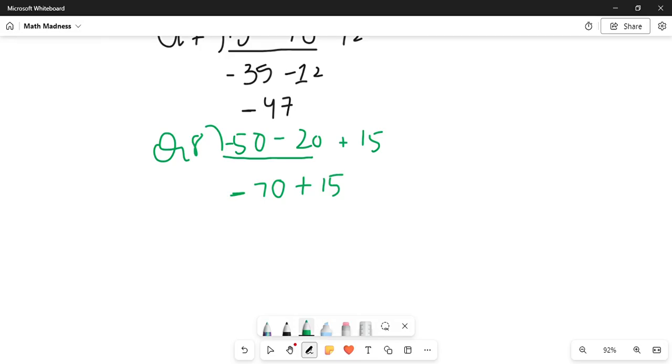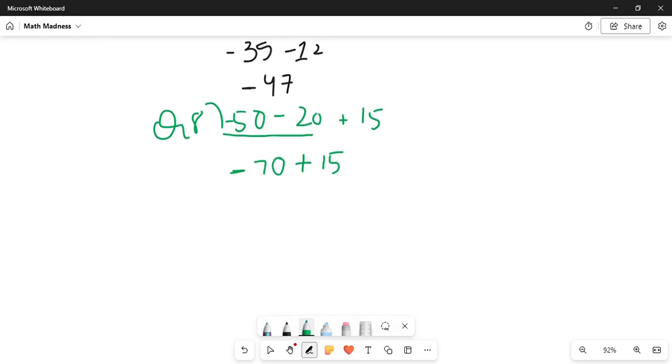And we have different signs here, so we will subtract, and I think we all get 70 minus 15. Oh, let me just check. 55. And we will write the greater sign, which is minus, so minus 55.